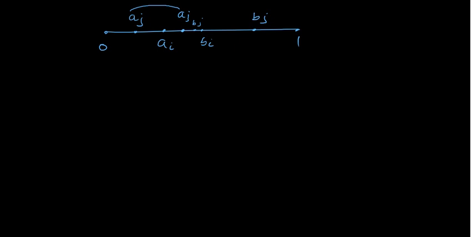अब फर्स्ट केस अगर AJ BJ इस टाइप का होगा, उस केस में AI BI union AJ BJ वो होगा AI BJ.